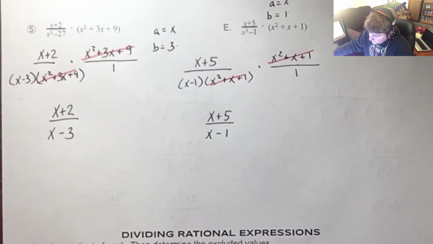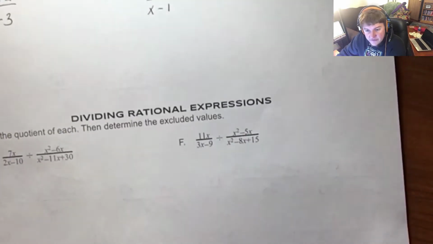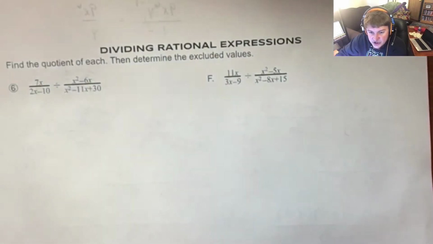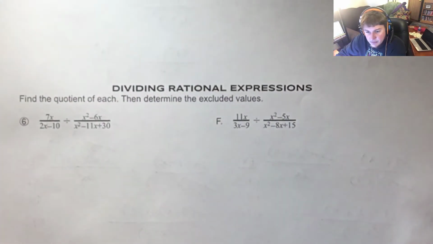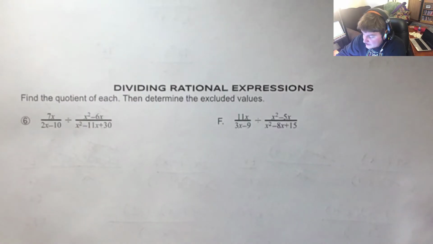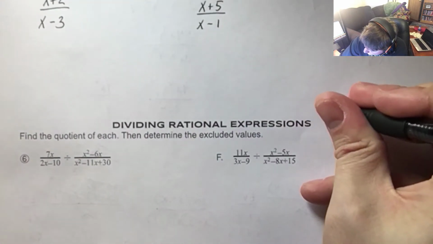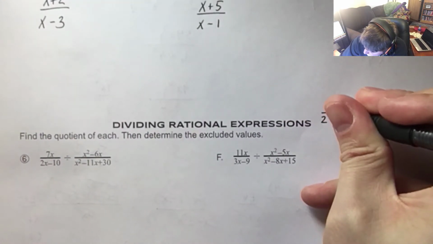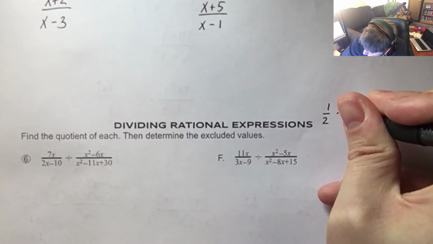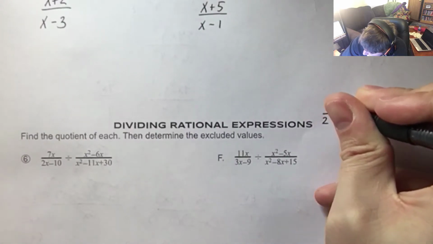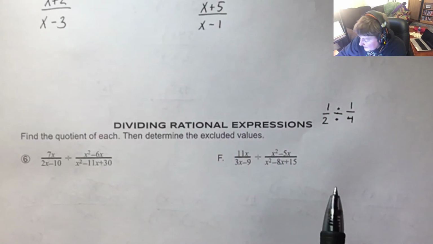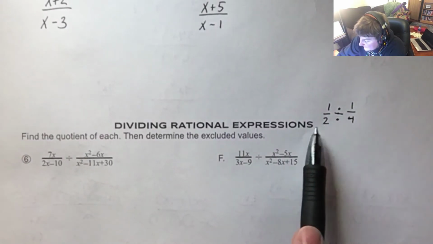All right, let's recall division of rational expressions. So let's first relate this back to just some general rules that we use with fractions. Okay, if I have a half and I'm trying to divide it into fourths, the question is how many fourths are going to fit into a half.